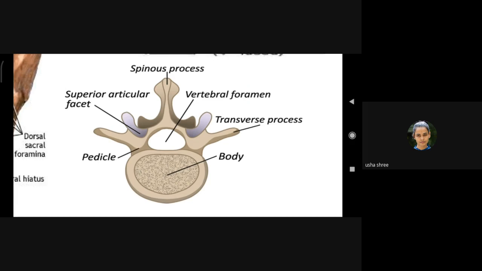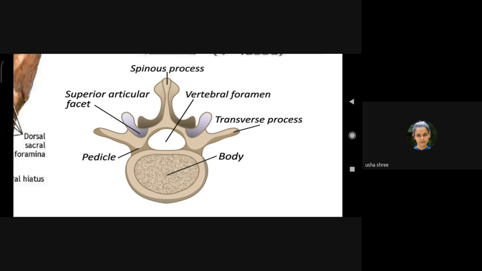In between them, the hollow space is the vertebral foramen, in which the spinal cord is located. So the main function of the vertebral column is to protect our spinal cord.